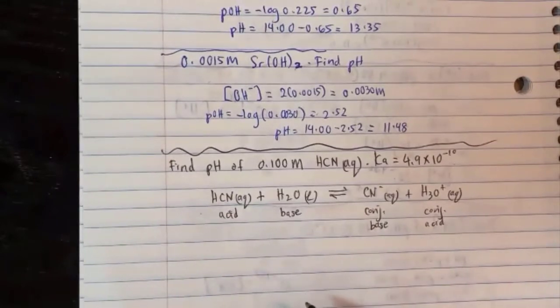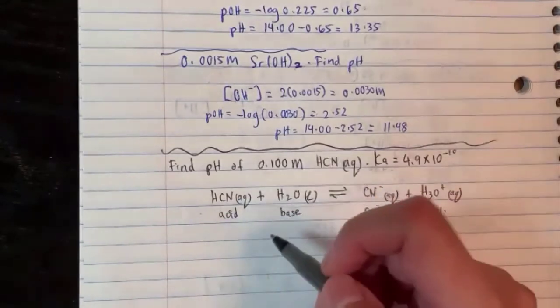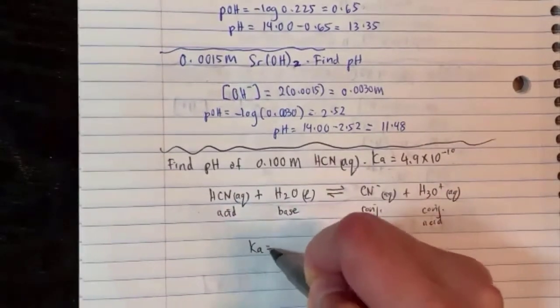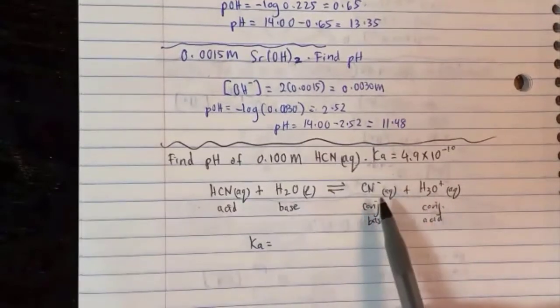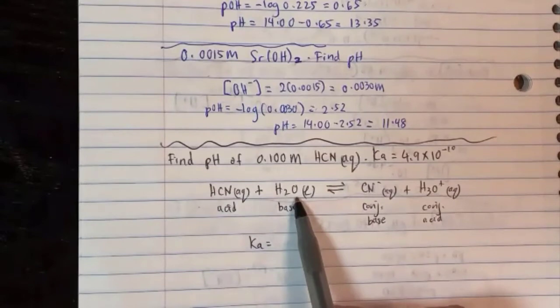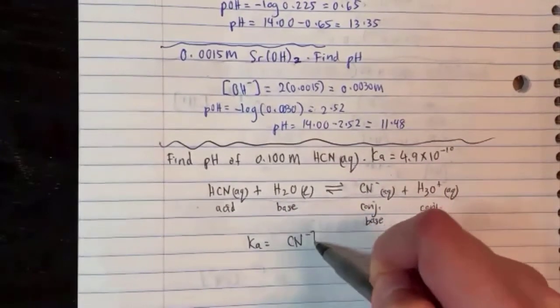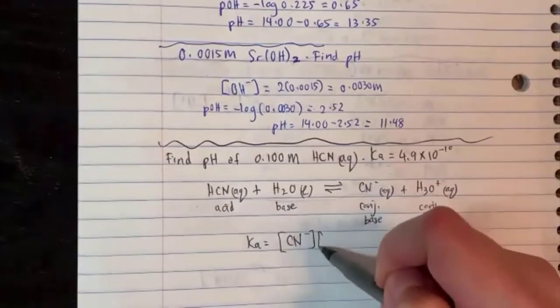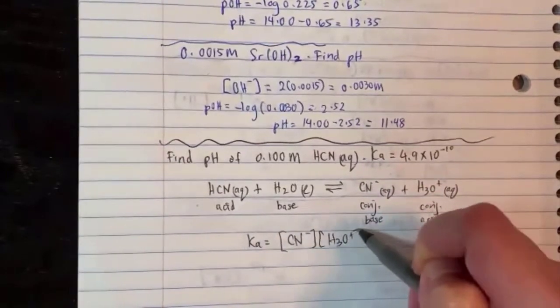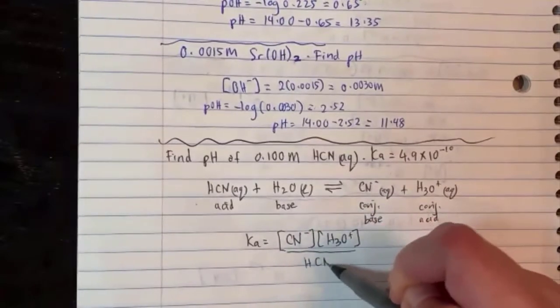All right, the next thing after you write the equation is to write the formula for Ka. So the Ka formula is CN times H3O plus divided by HCN, because water is liquid, we don't include that. So let's put that in here, divided by HCN.